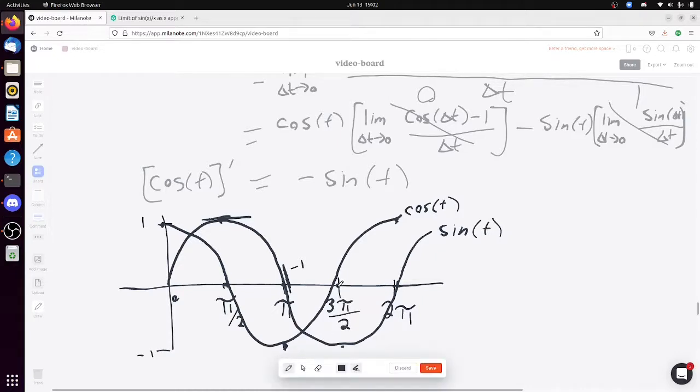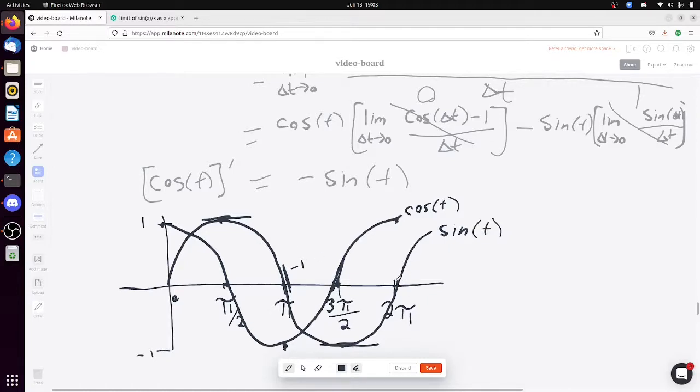If you look at the sine here, it's 0 again. So the slope of the tangent line is 0, and I didn't draw this very well, but the value of cosine is 0. The value of cosine always corresponds to the slope of the tangent line of sine. That's the key takeaway, and that's actually the definition of the derivative.